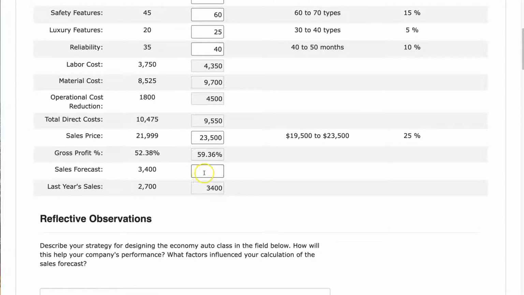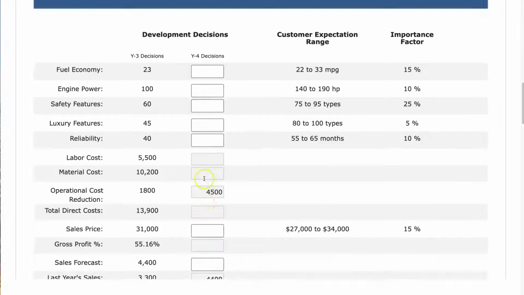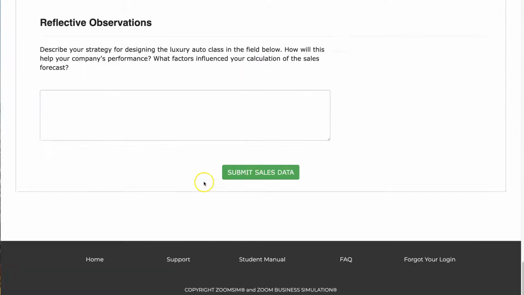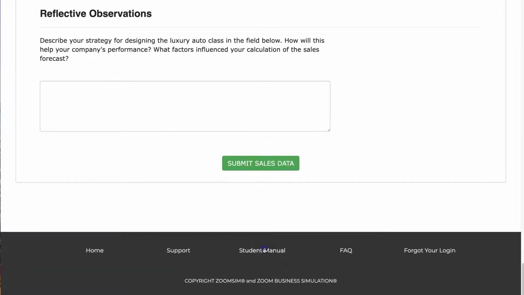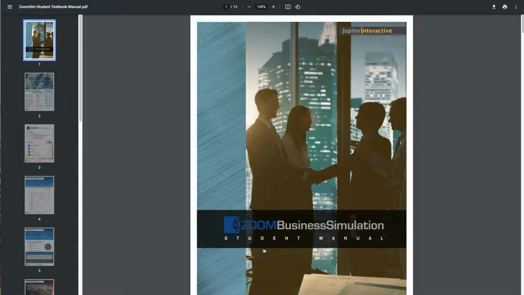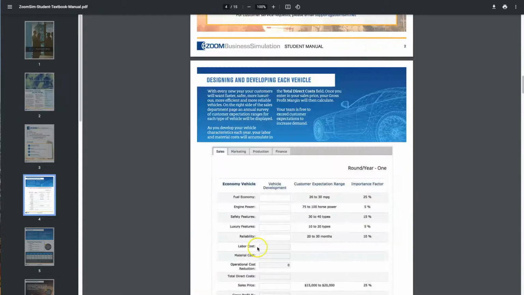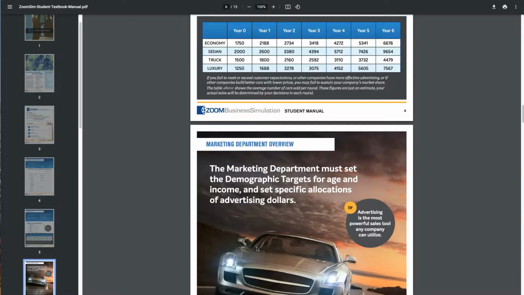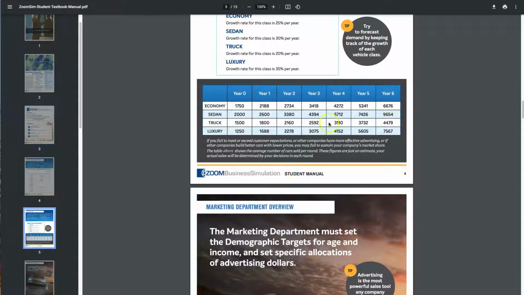And again, when you do the sales forecast, remember that the best way to start with the sales forecast is you use the student user guide. And in the student user guide, and I've gone over this several thousand times, start here, year 4, and that's just my starting point.